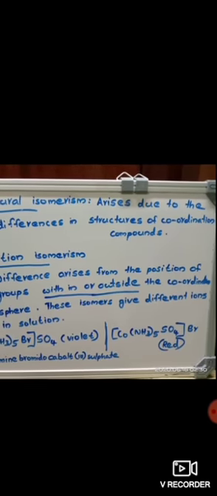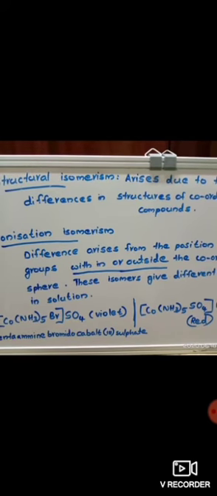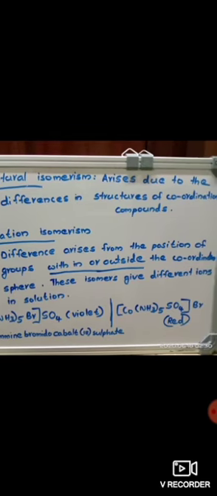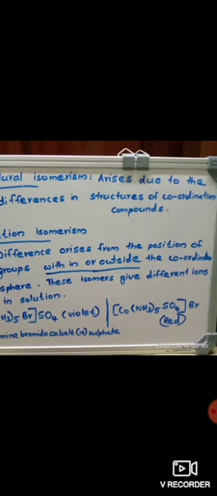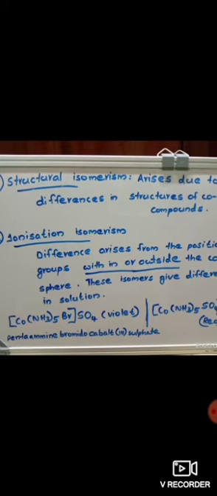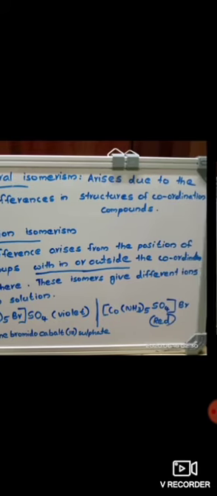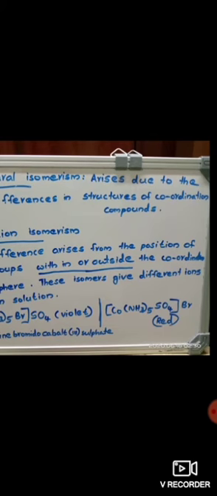When we are comparing these two, we can say both contain cobalt, both contain NH3 5 times, both are having Br, both are having SO4 2- ions. But the only difference is that the counter ion in this case is SO4 2- and the counter ion in this case is Br-.